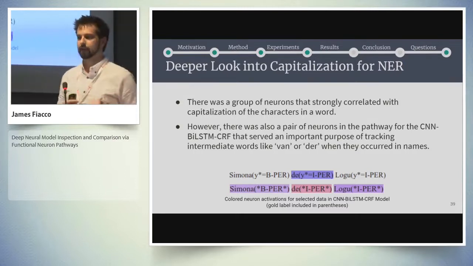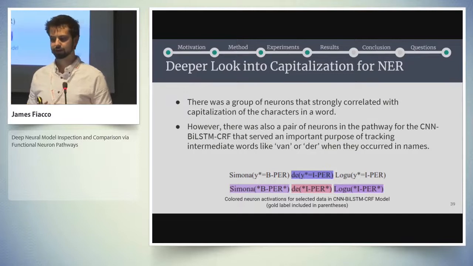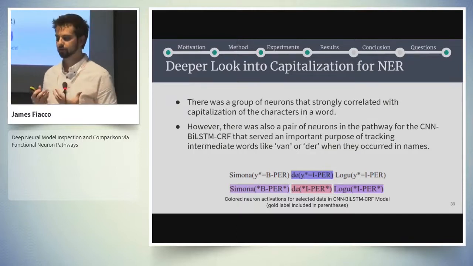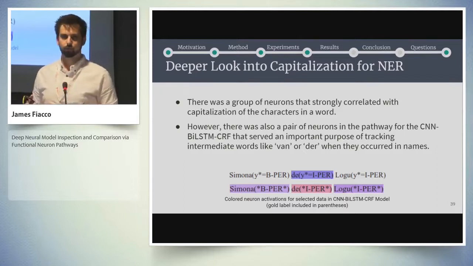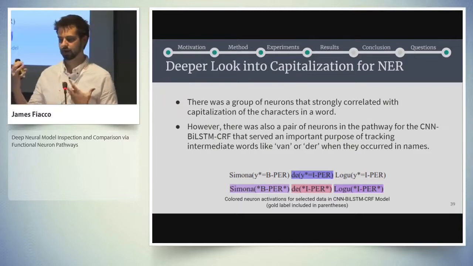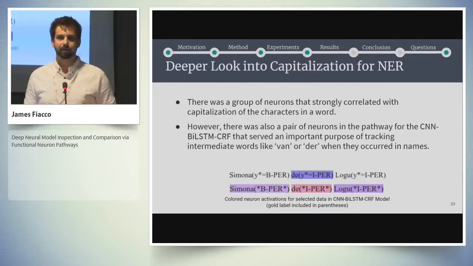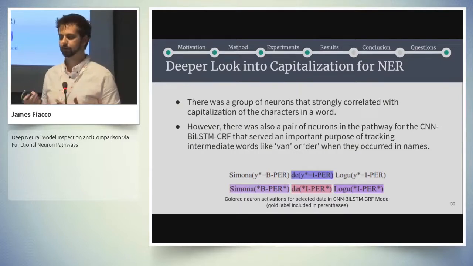However, in only the CNN-based model, there was a set of neurons that had nothing to do with title case. In fact, they were looking at intermediate words like van or der that occurred between names and were almost always lowercase. And what we noticed is those particular neurons were firing to maintain the state of the named entity, in order to prevent it from deciding that the named entity was over when it turned into a lowercase letter.